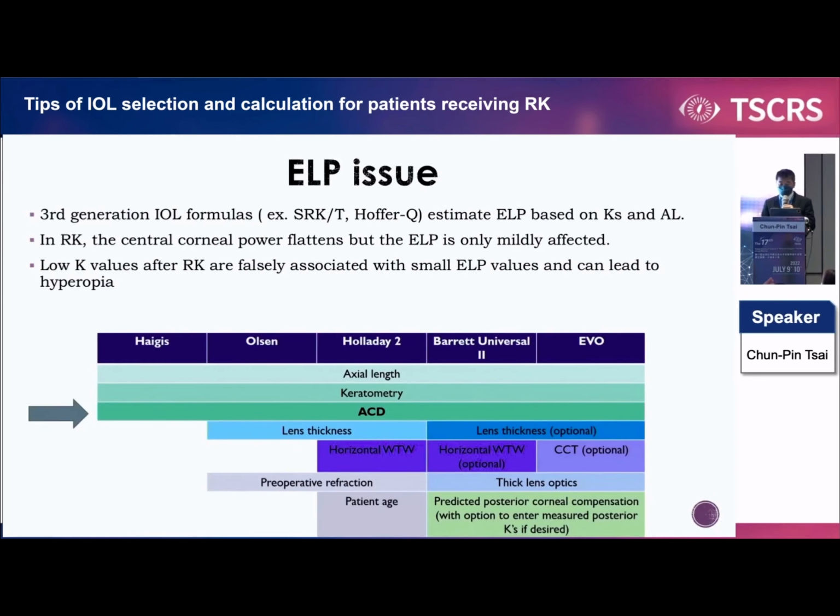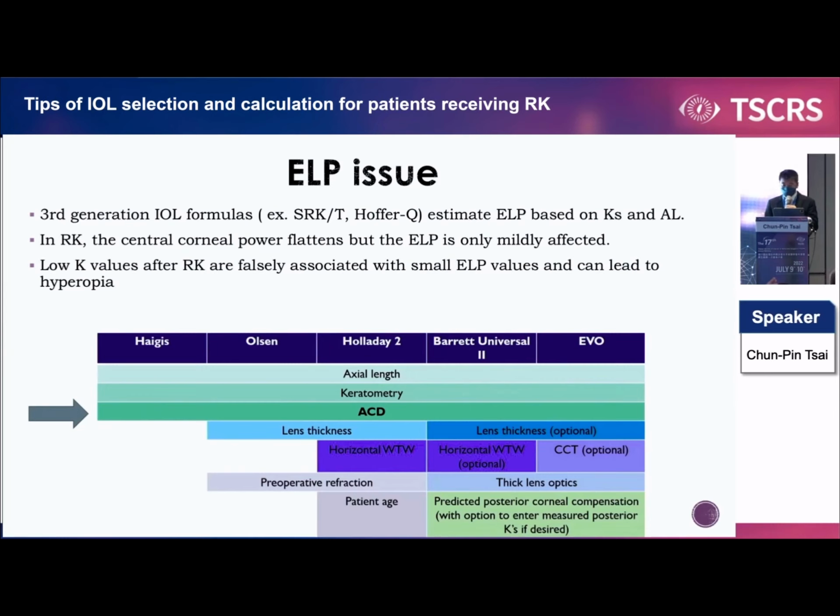IOL power calculation following RK should not be carried out using two-variable third-generation theoretical formulas, such as SRK/T, Holladay 1, or Hoffer Q, because these IOL formulas assume a relation between keratometry and effective lens position. RK eyes were once myopic, but now have flat corneas.